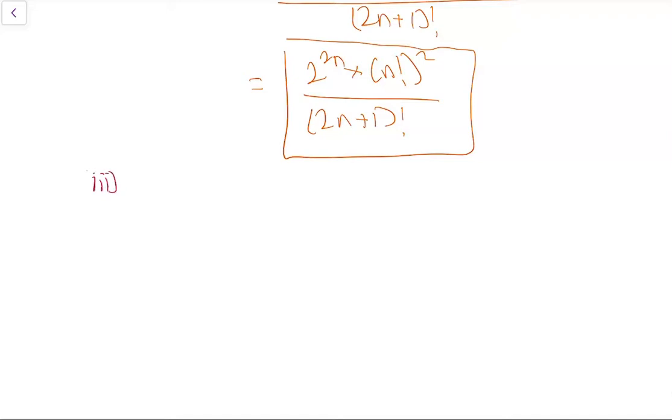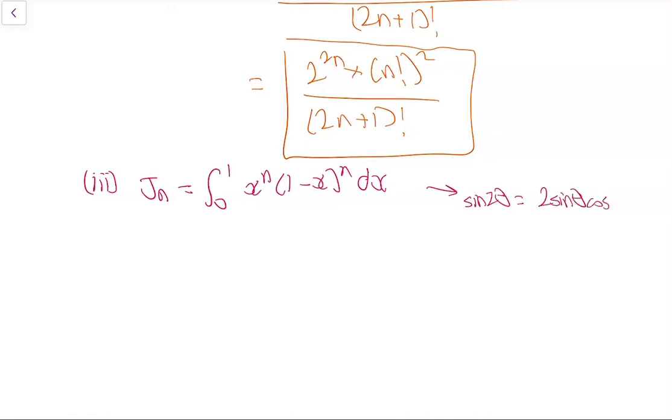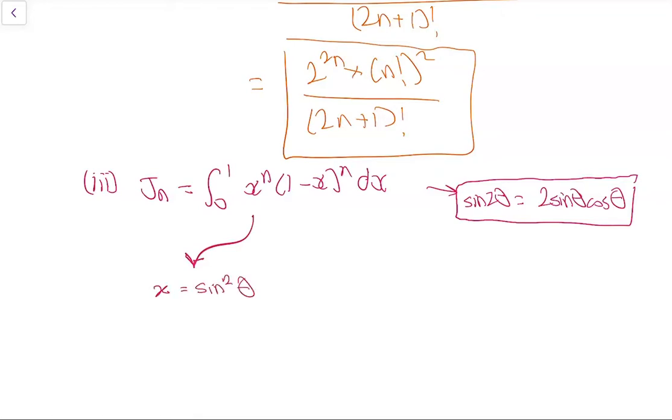Okay, so next part we have Jn is the integral from 0 to 1 of this. Now after some playing around, it turns out the best way to get a sine 2 theta is to use the double angle formula, sine of 2 theta equals 2 sine theta cos theta. And after some playing around, you might come across this substitution: x equals sine squared theta.